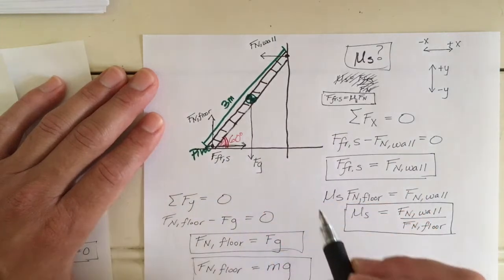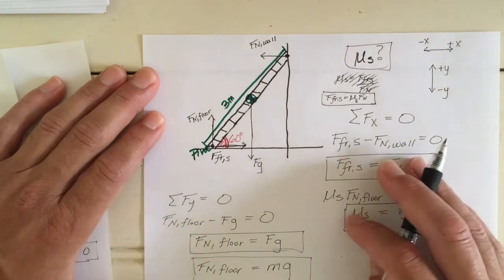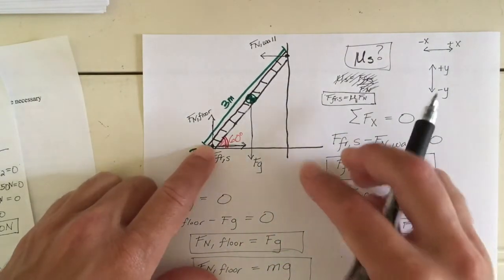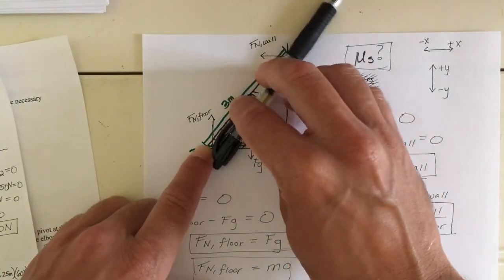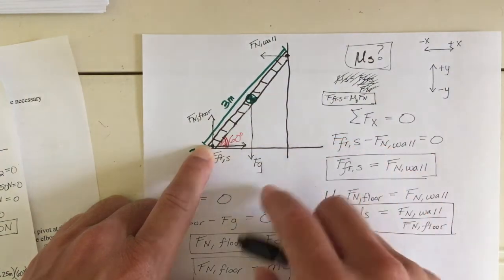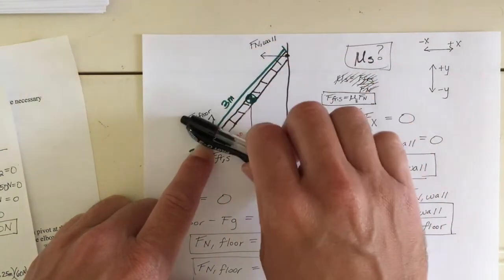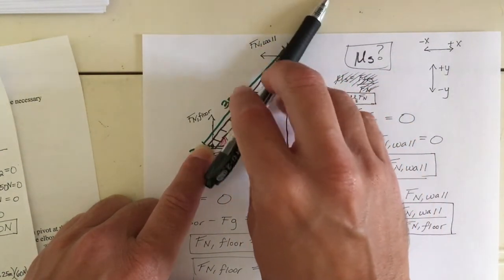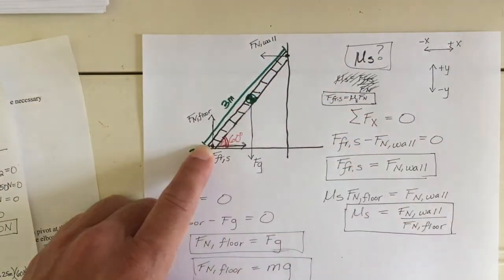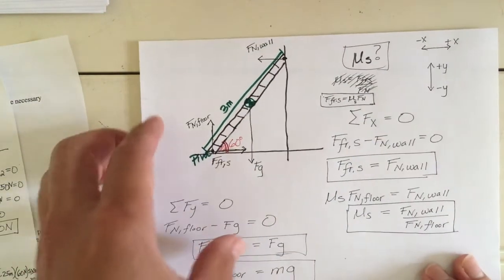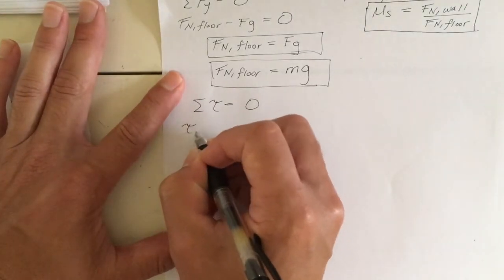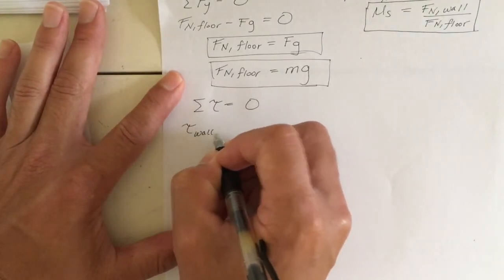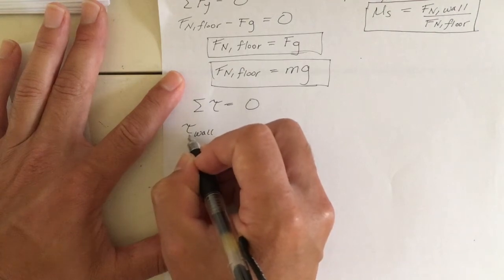And if we start here by just, I guess, recognizing what kind of torques they're putting on the ladder, right? Force gravity is going to cause this ladder to torque this way, which is going to be a negative torque because it's clockwise. And force normal is going to put a counterclockwise or positive torque. So I'm saying that down here, then we have the torque from the wall, or I could put force normal wall.